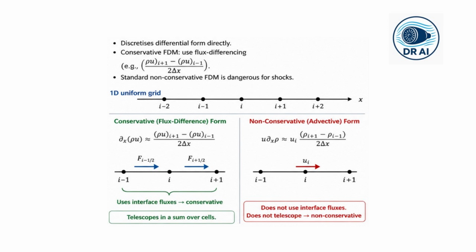If you do that consistently, you can actually achieve conservation. However, many simple FDM codes discretize the non-conservative form directly because it is easier to code, and that is dangerous for shocks. So if you use the FDM approach, make sure you are using a conservative flux differencing formulation.